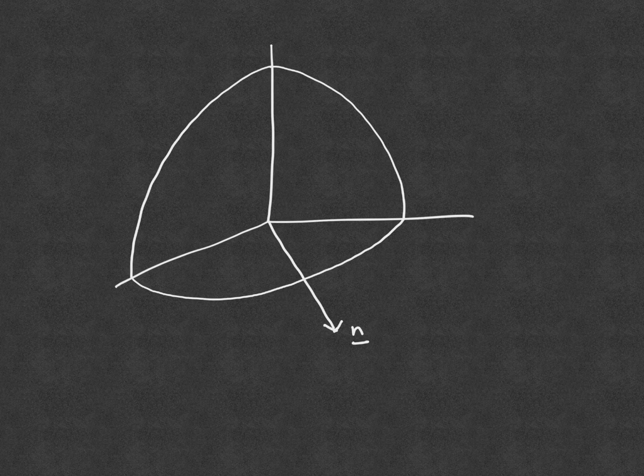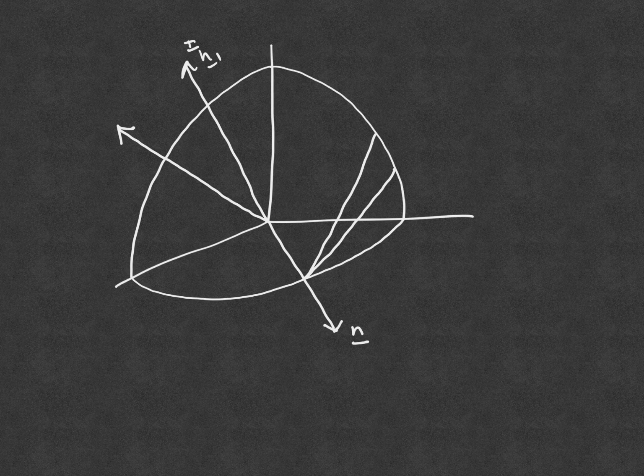So the first orbit has an inclination that corresponds to the first specific angular momentum, and the second orbit has a larger inclination and corresponds to the second specific angular momentum.